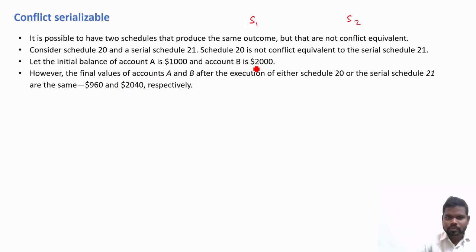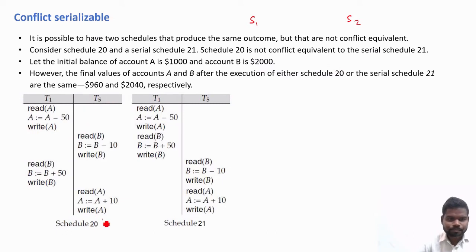If you execute schedule 20, and if you execute schedule 21, then we'll get the same account balances of A and B. That is, the account balance of A will be $960 and the account balance of B will be $2040.